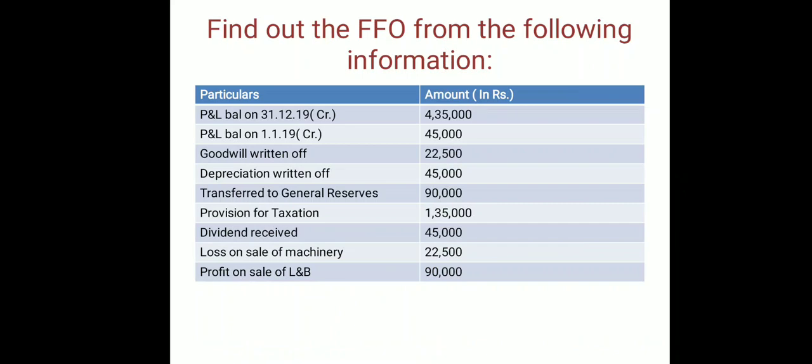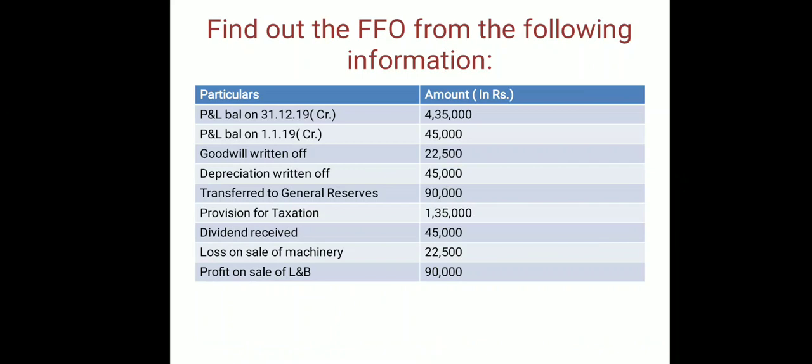What to remember is, if we treat it as a current liability, then I hope you remember we had the first step where we prepared the statement showing changes in working capital, and I told you all the current items, whether assets or liabilities, will come in this first step. They will not appear in your further steps, that is fund from operation and fund flow statement. So if we take this provision for taxation as a current liability, then we just leave this item right now to calculate the fund from operation.